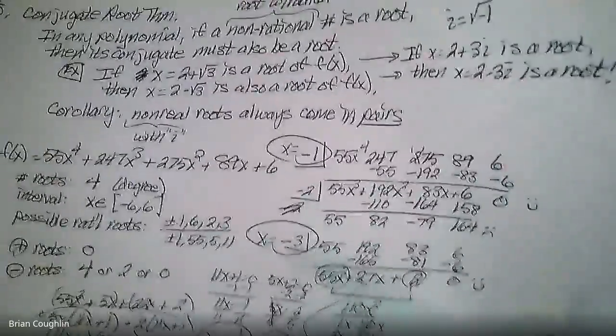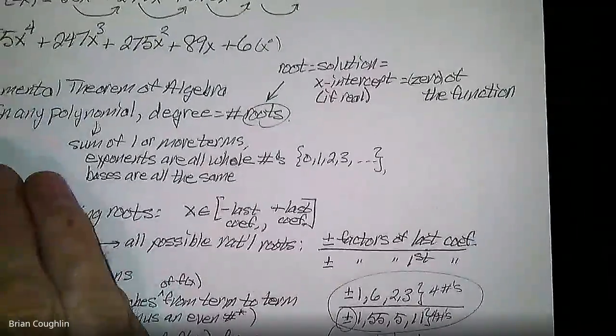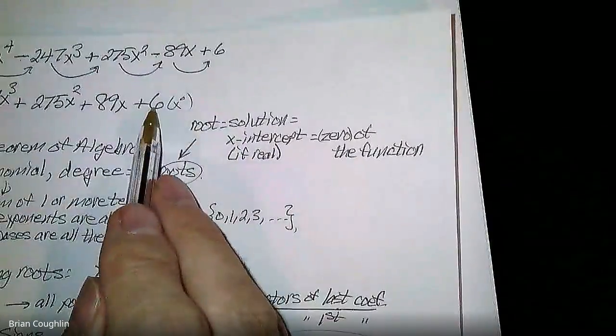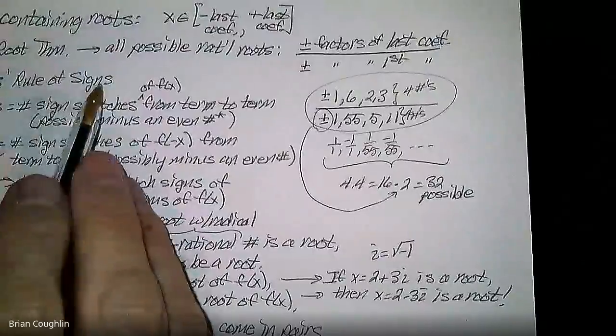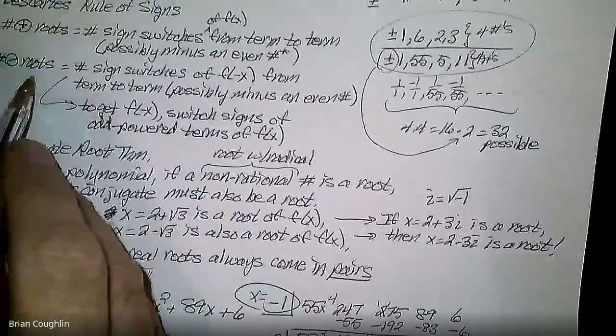So there is an example of how to use one of these things where no imaginary numbers show up, but still finding all the parts. Again, can you find the number of roots, which is just the degree? Can you find the interval containing the roots, which is just the plus or minus version of the last coefficient? Can you use Descartes' rule of signs to find the possible number of positive roots and negative roots?